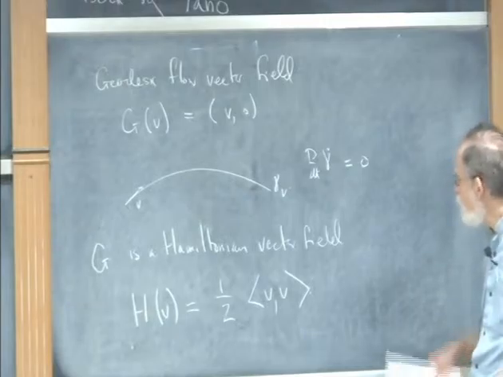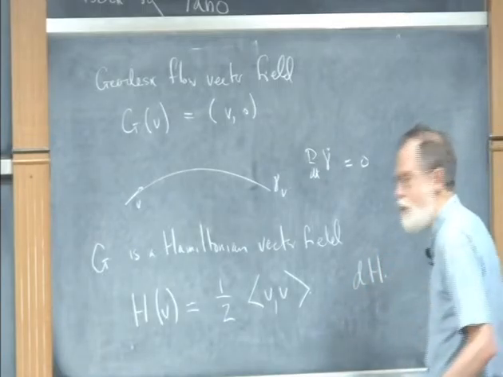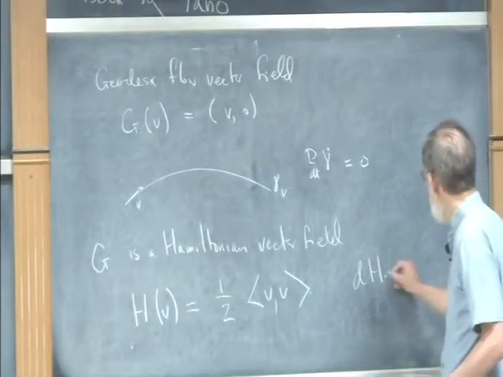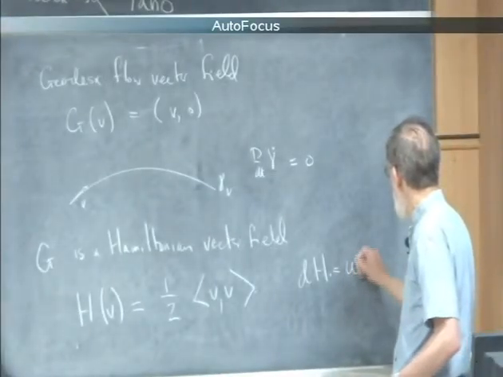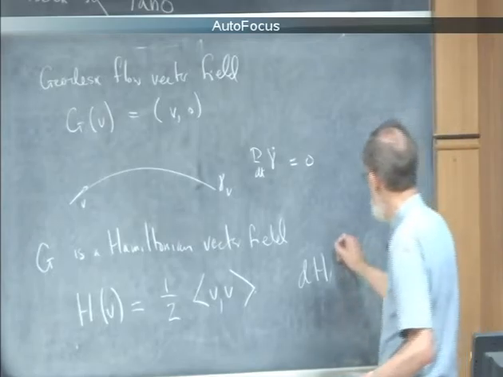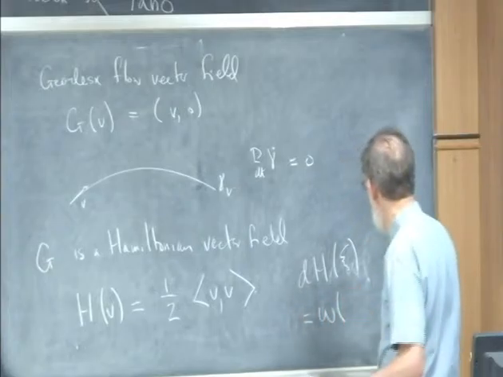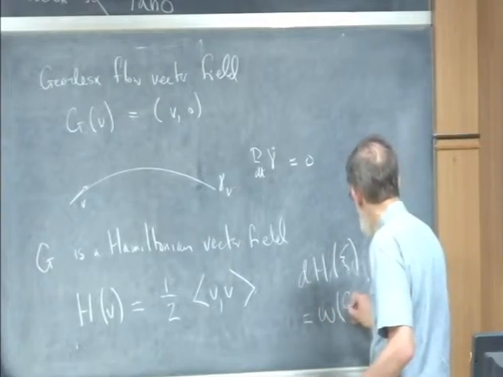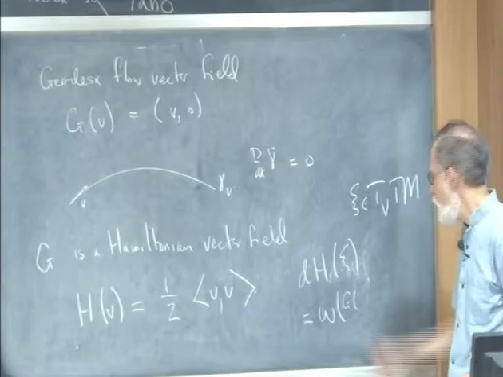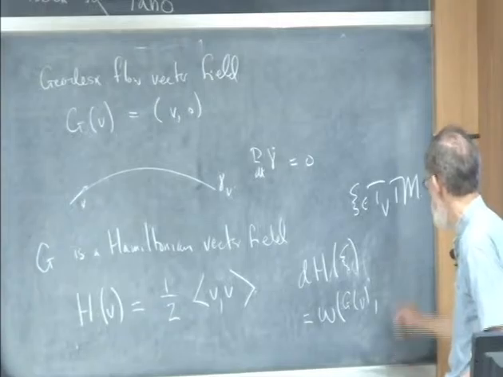So we have that. And now the idea of the Hamiltonian vector field is that dH is a one form. And so dH of some xi is meant to be omega of, so xi being of course in VTN, you're meant to get dH xi equals omega GV xi.